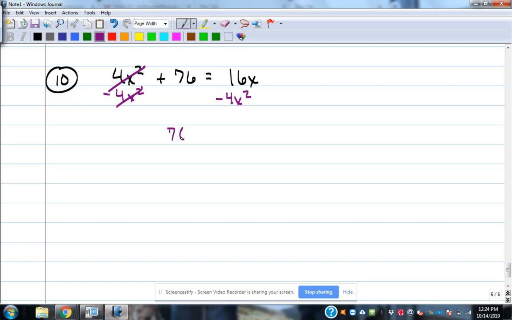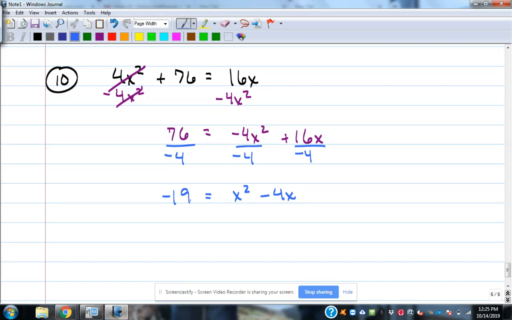It'll give me 76 equals negative 4x squared plus 16x. Okay, I got to divide by the number that's in front of x squared, which was negative 4. Everybody gets divided by that. So that's x squared plus, or excuse me, minus 4x. And then negative 4 goes into 76, negative 19 times.